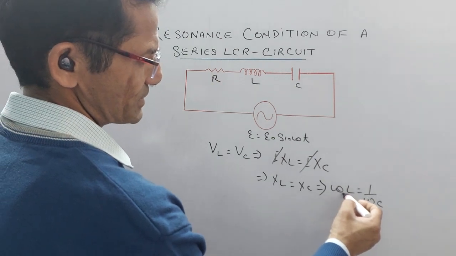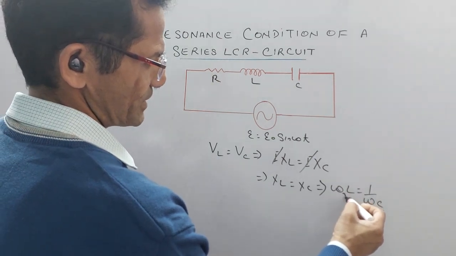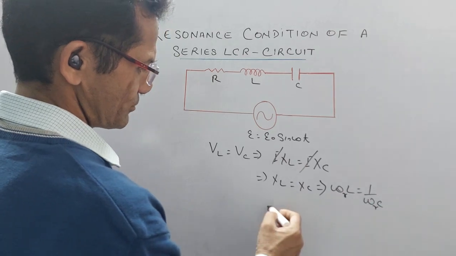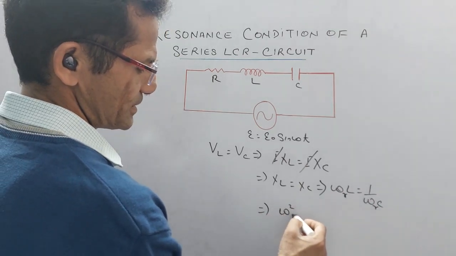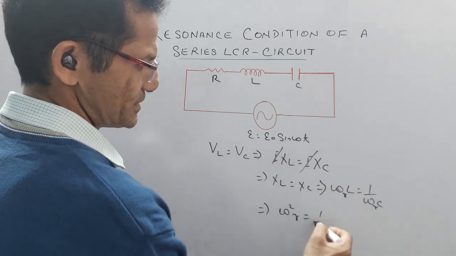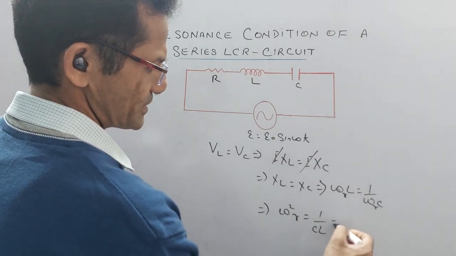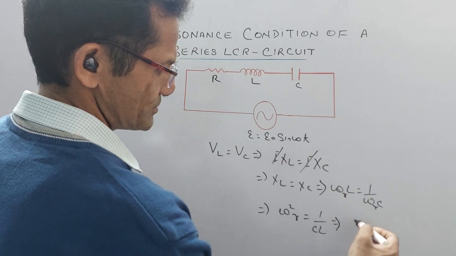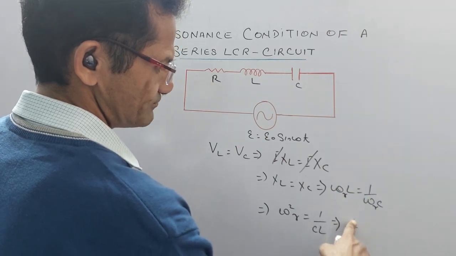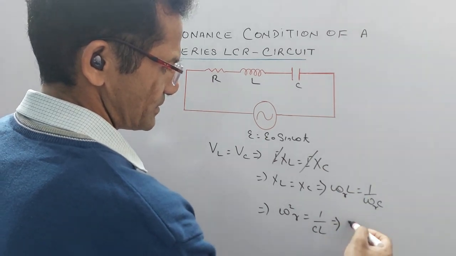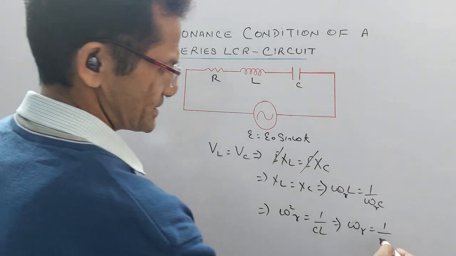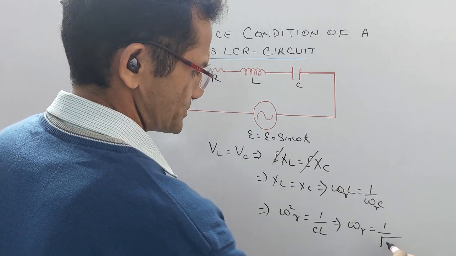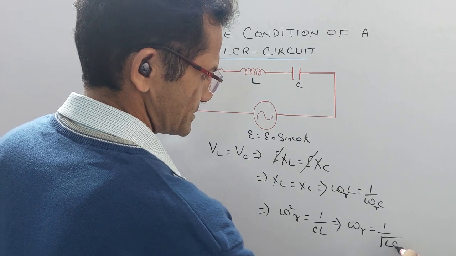If I replace omega by omega r, the square of the resonance frequency comes out as 1 divided by LC. From here I will be able to find that omega r, the resonance frequency of this LCR circuit, is 1 upon root LC.